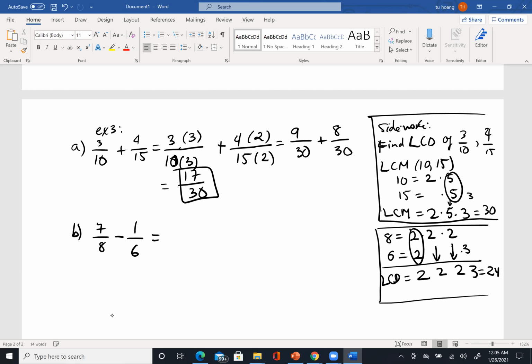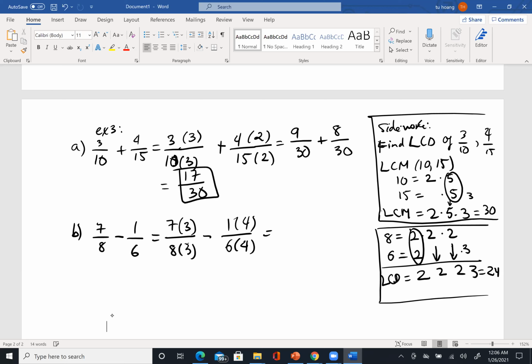So now come back with this one. You have 7 over 8. In order to make it become 24, you multiply it by 3, and also have to multiply by 3 for the top, minus 1 over 6. And in order to make the 6 become 24, you multiply it by 4, and also multiply by 4 for the top.